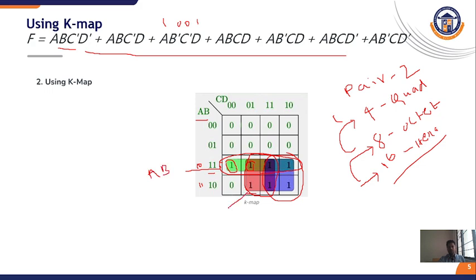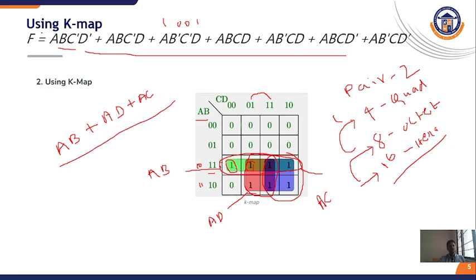For this grouping, the common variables are A and D, so AD. For this grouping, AC. So the final expression will become AB plus AD plus AC.